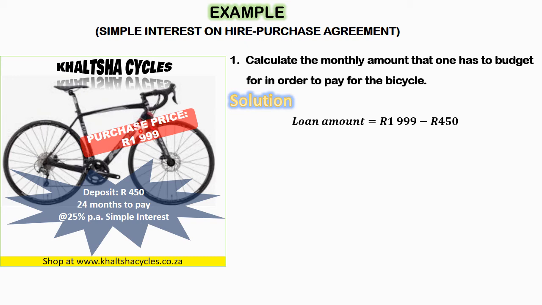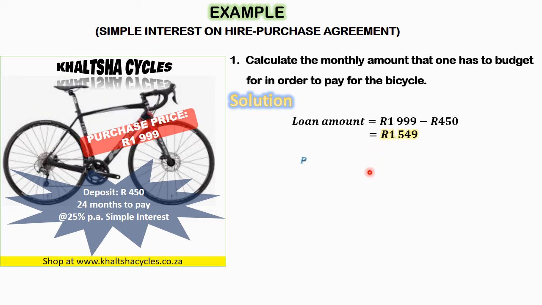So the deposit is taken out from the purchase price, from the cash price. So from 1,999, you have to subtract 450. So your loan amount will actually be 1,549. So this is the amount that you are actually owing to Culture Cycles before interest. They have not yet added anything.